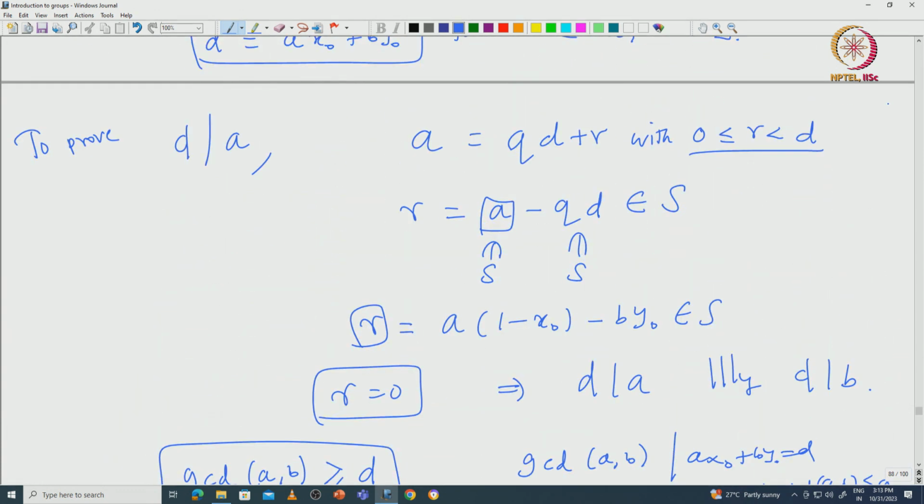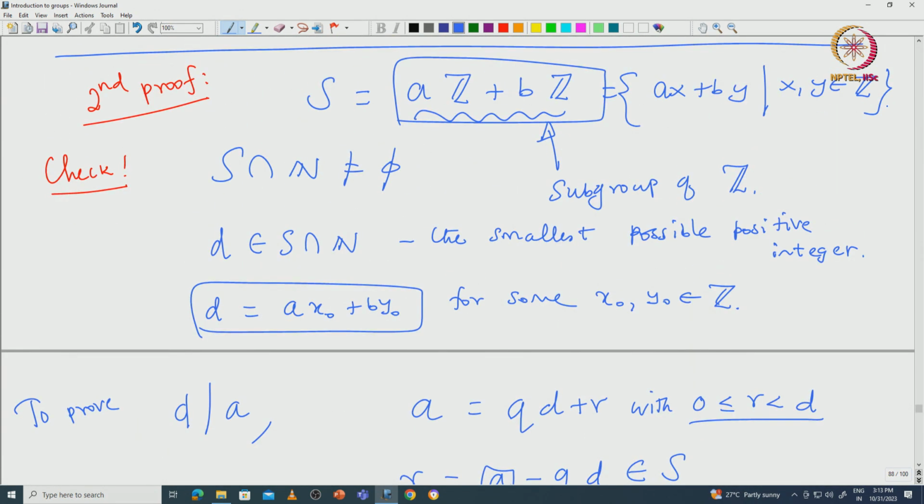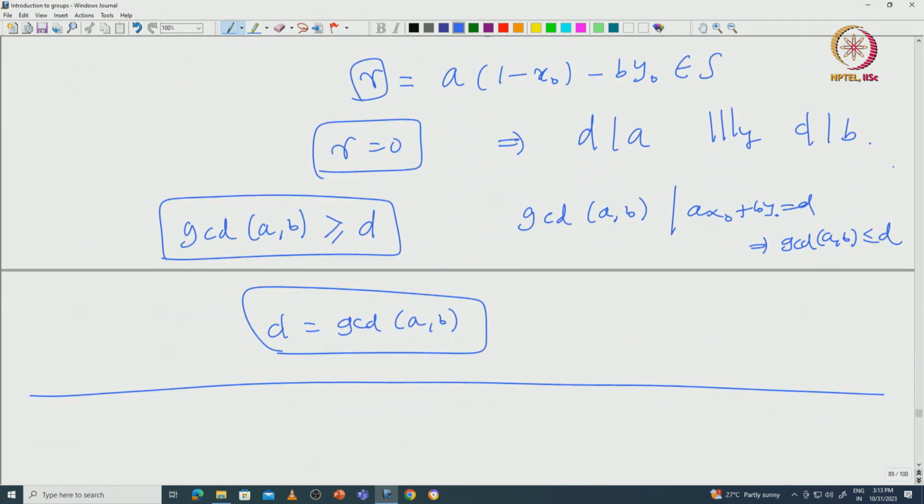It actually uses the core property of the set AZ plus BZ in order to find the combination.